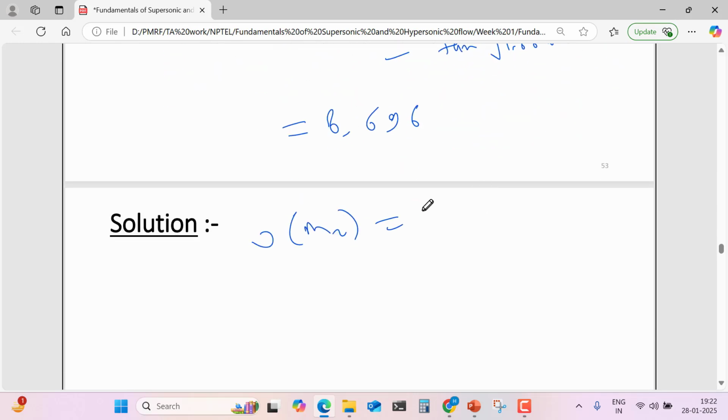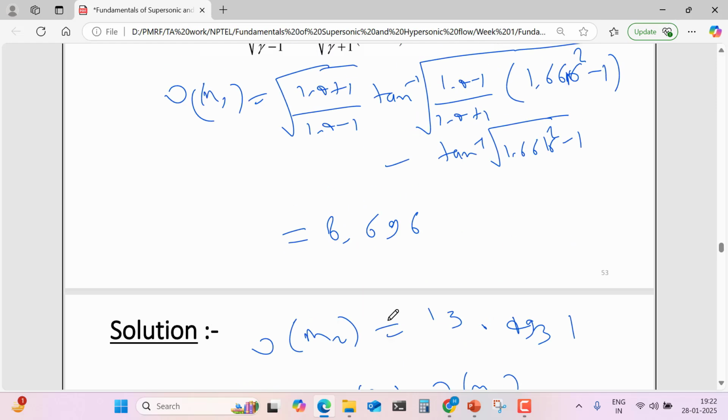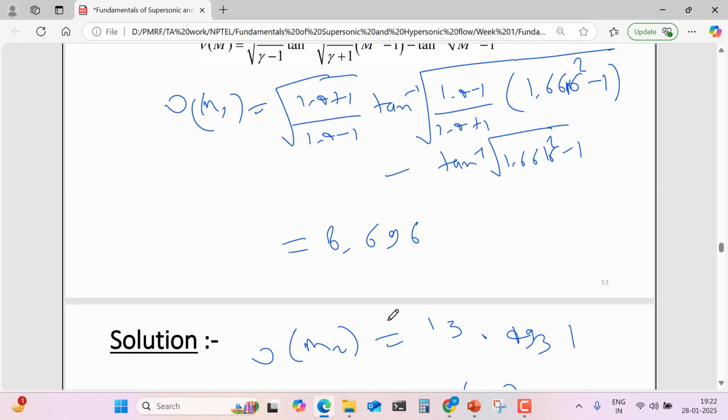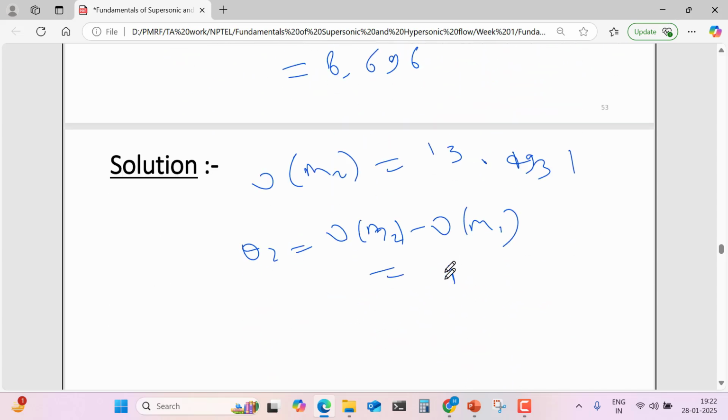And we get 13.493. For theta 2 the value is nu m2 minus nu m1, which will be 4.797.